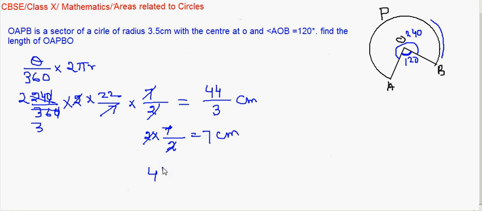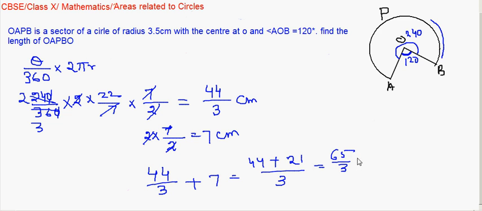So it is 44 upon 3 plus 7. That's 44 plus 21, so it is 65 upon 3. If I keep it in mixed fraction, I'll be left with 21 2 by 3 centimeter. Hope you understood it well. Thank you.